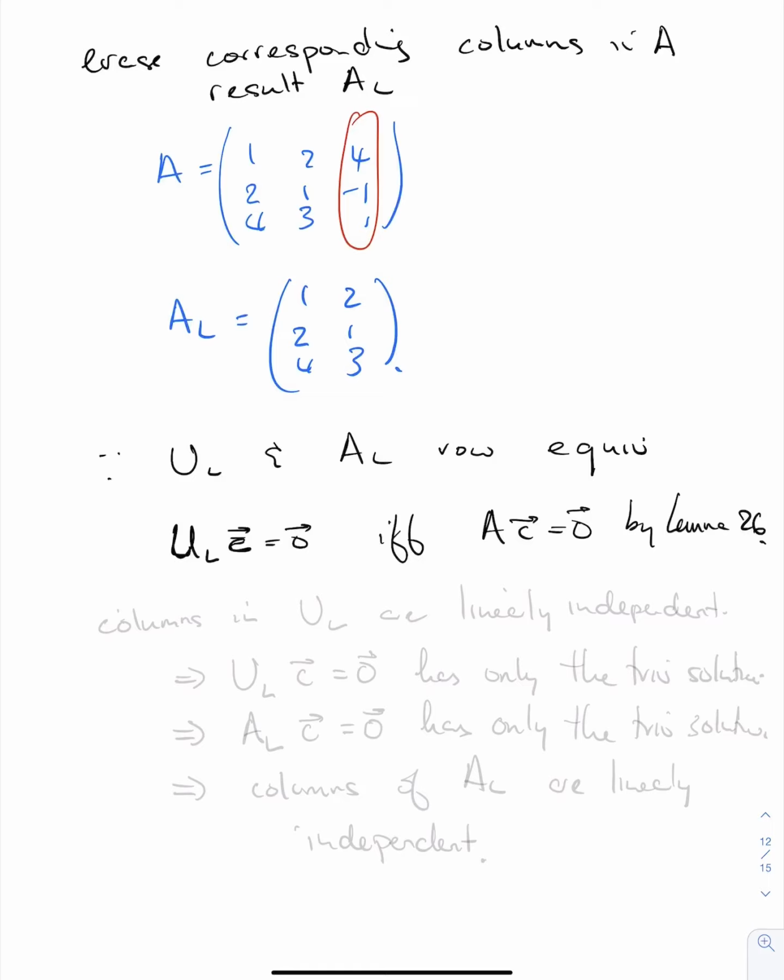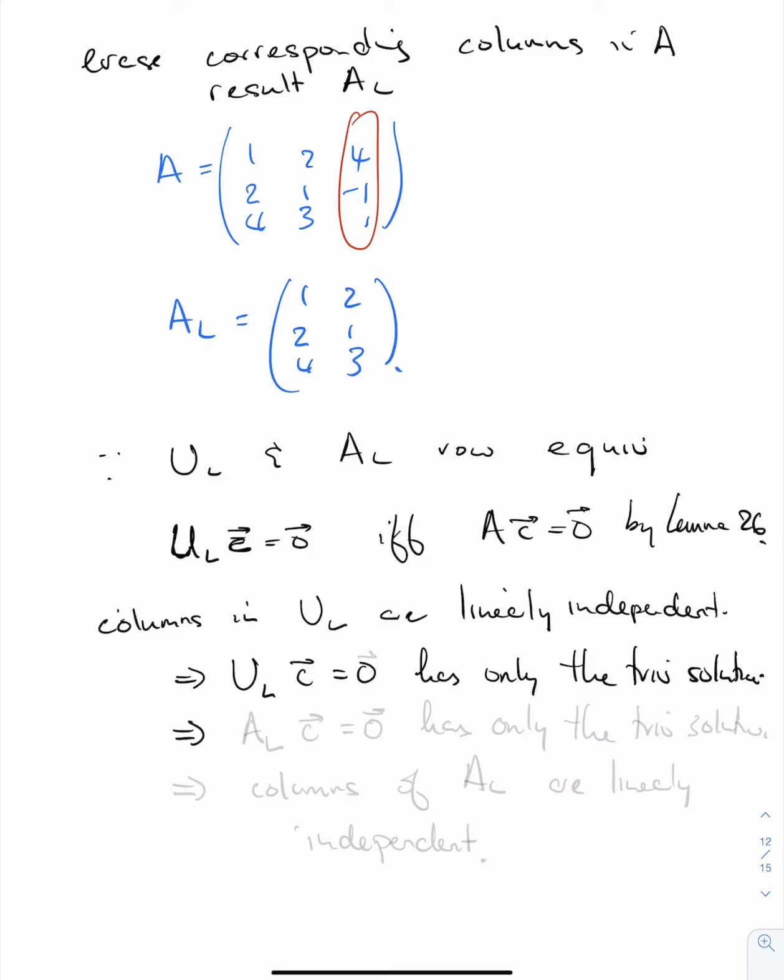So here's what that means. Notice the columns in UL are, by design, linearly independent. This means that UL times C is equal to 0 has only the trivial solution. If you're going to combine the columns of UL and get 0, you're going to only have the trivial solution.